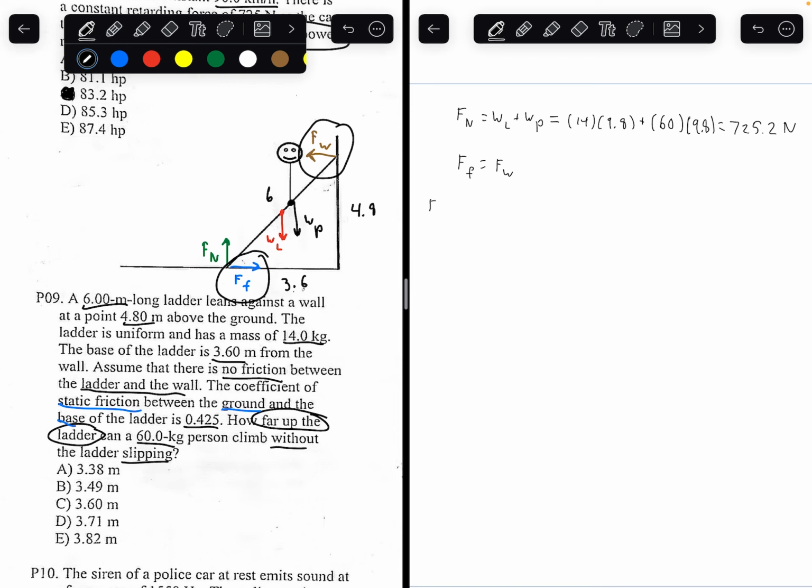Force of friction is equal to the coefficient of friction times the normal force. We found the normal force, and we're given the coefficient, 0.425. The normal force is 725.2. So the force of friction is equal to 308.21 newtons. That means the force on the wall is also 308.21 newtons.